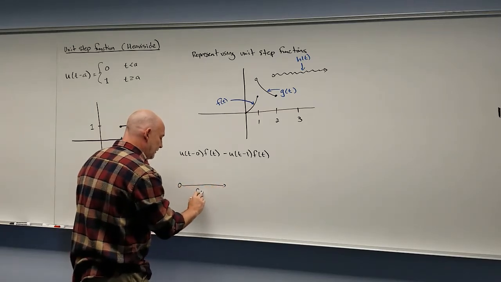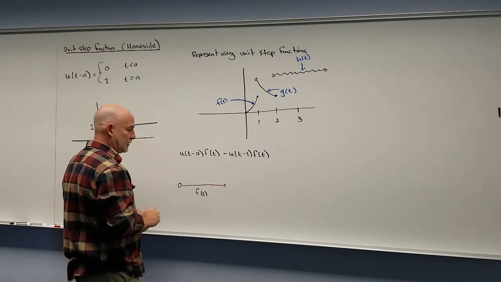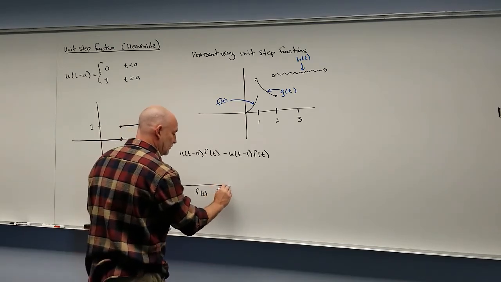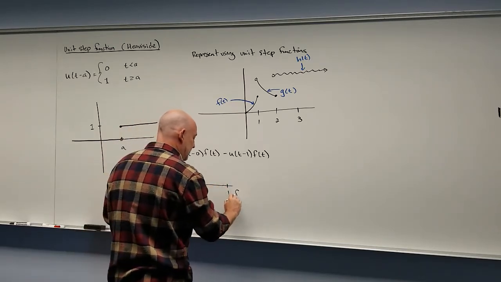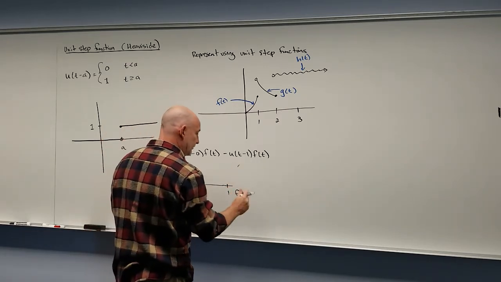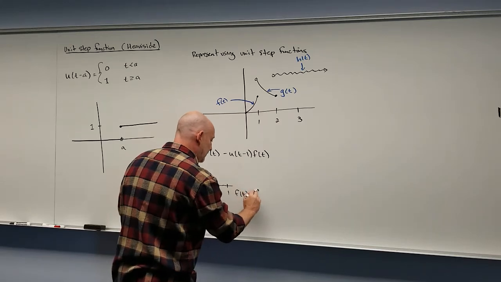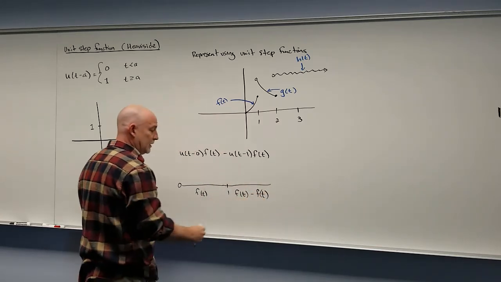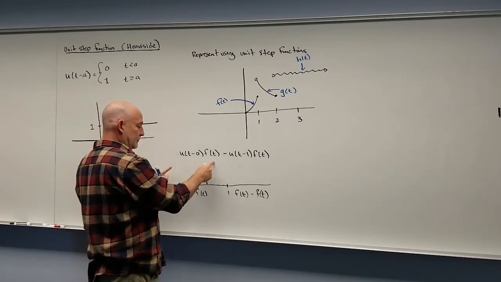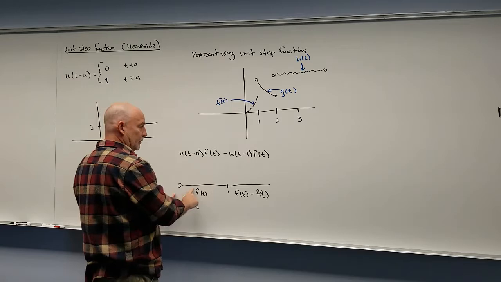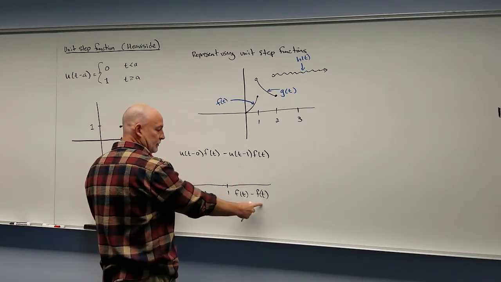At this point, we have f of t turned on. Then we get to 1, that's the number 1 on our number line. Then f of t is on, this is still on, but now this is also on, so that's minus f of t. So notice now, those 2 cancel out. So this piece is on from 0 forever, right? But then at 1, I turn this piece on that negates it.